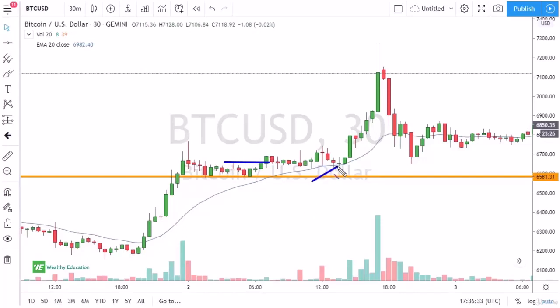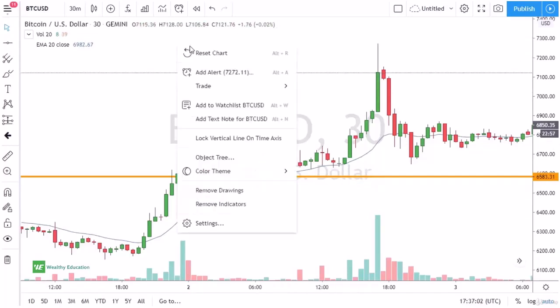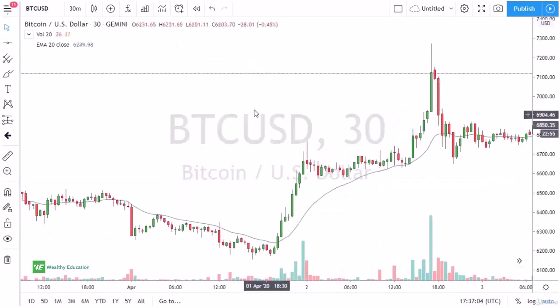So when you look at it, and then here, and the 20 EMA all kind of coming in together at the same time, that does suggest that perhaps there's a little bit more to go here in Bitcoin. In the next video, I'll take a look at two of the most powerful candlesticks out there, the hammer and the hanging man.